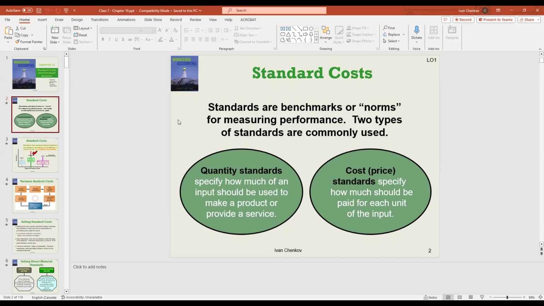So now we're going to have a standard for the quantity and a standard for the price. Those two together are going to give us the standard cost. Why? Because they're both based on the reality of our standards.